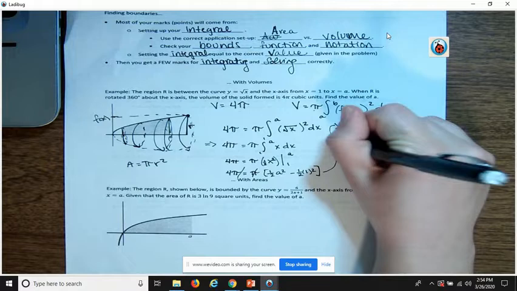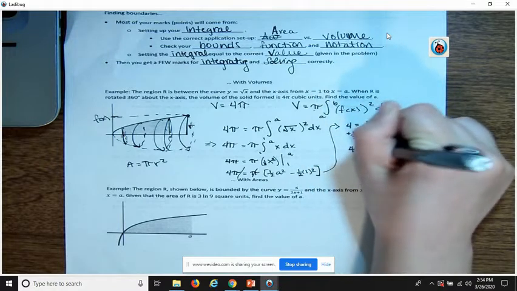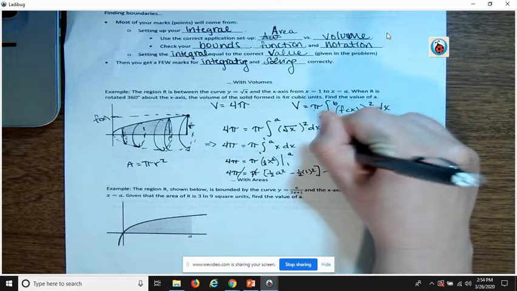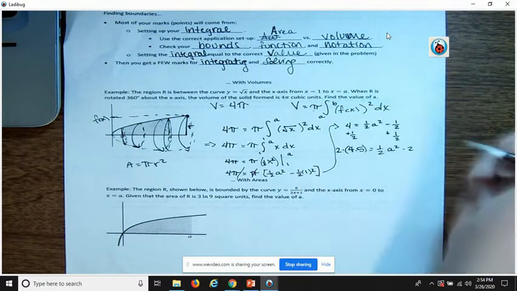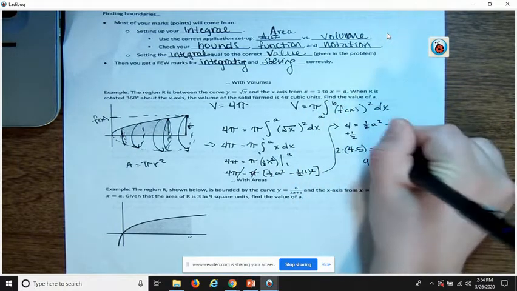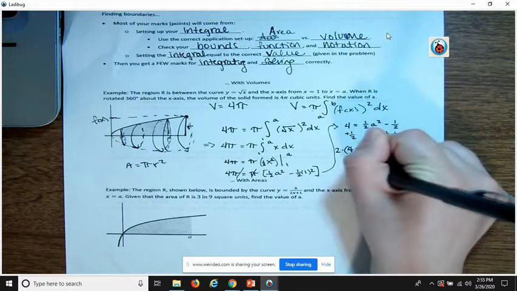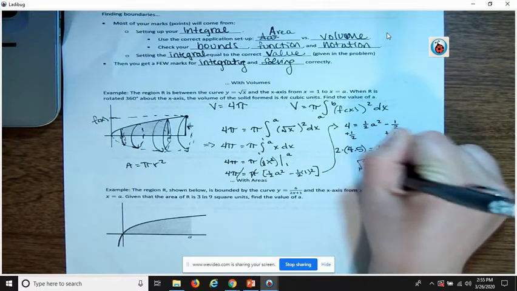So I get 4.5 equals 1/2 a squared. Multiply both sides by 2. And I should get 9 equals a squared. Take the square root. A is plus or minus 3.